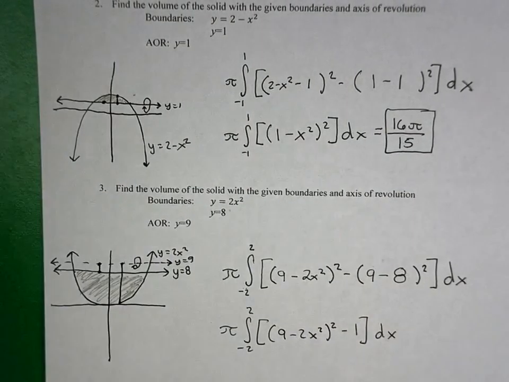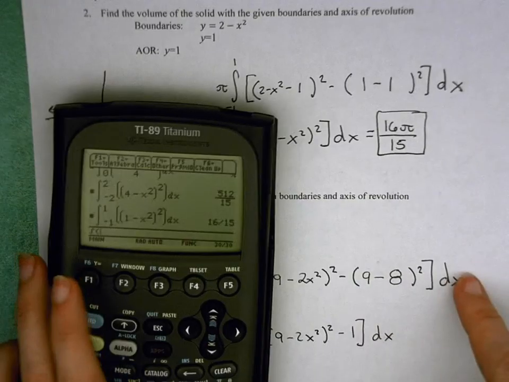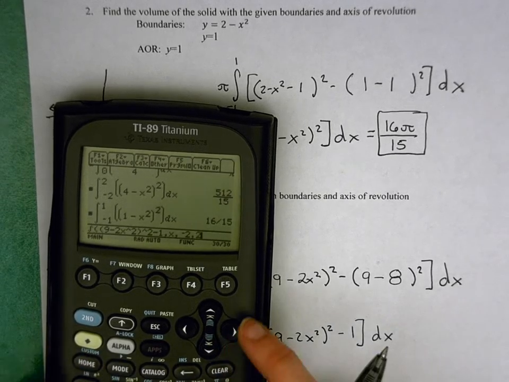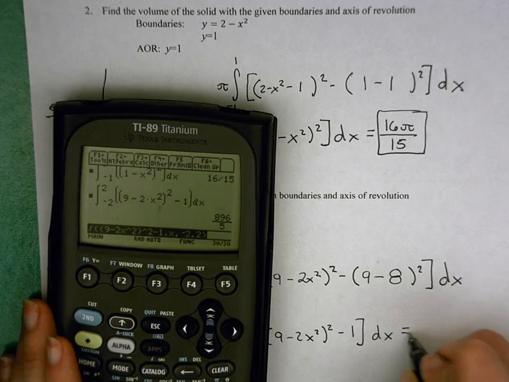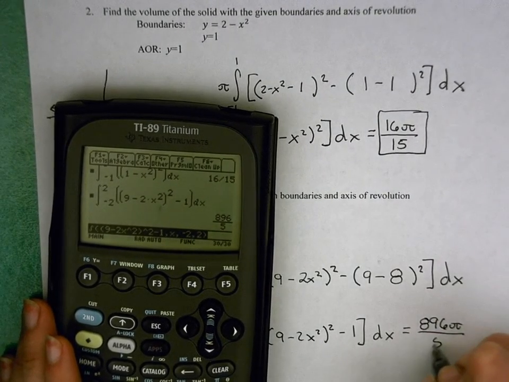Okay, so then we get our calculators, same thing. We have our 9 minus 2x squared, quantity squared, minus 1 dx from -2 to 2. We should get 896 pi over 5.